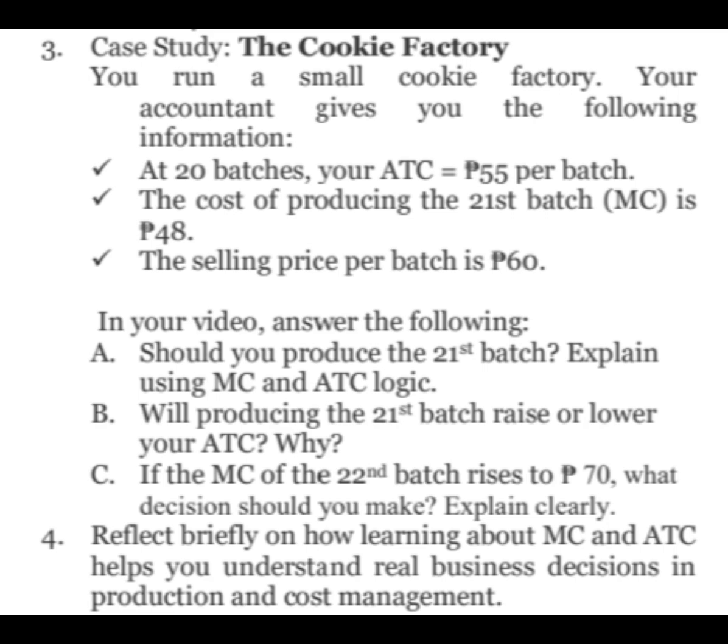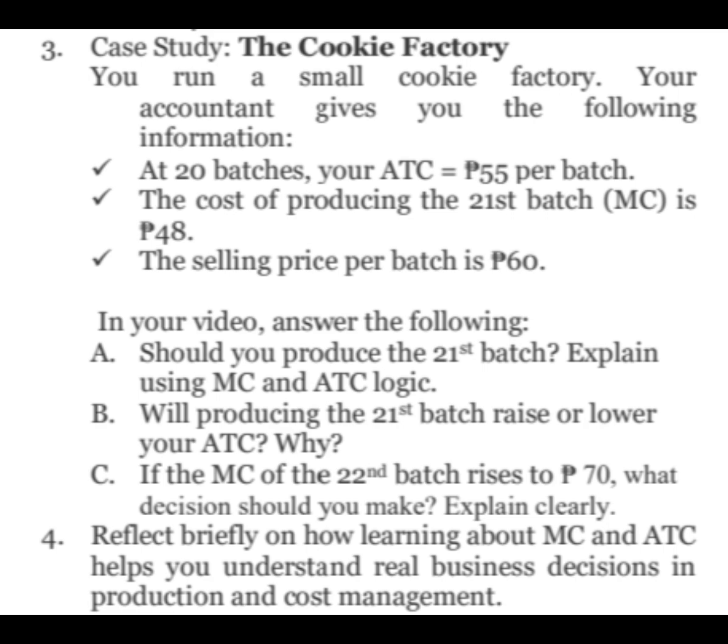And let's proceed to C. If the MC of the 22nd batch rises to 70 pesos, what decision should you make? Explain clearly. My decision is that you should not produce it since the marginal cost of 70 pesos is higher than the selling price per batch of 60 pesos.